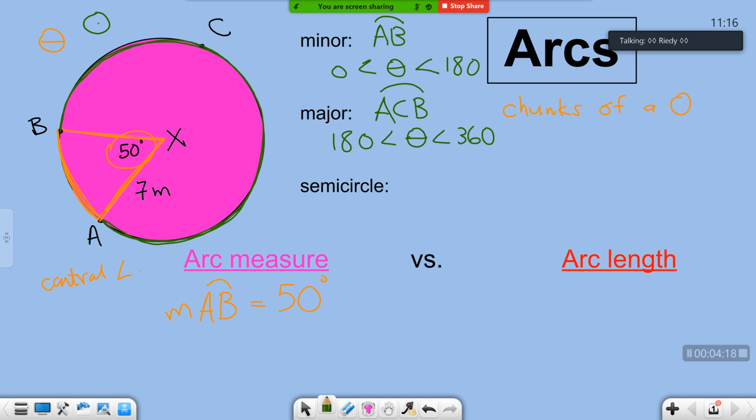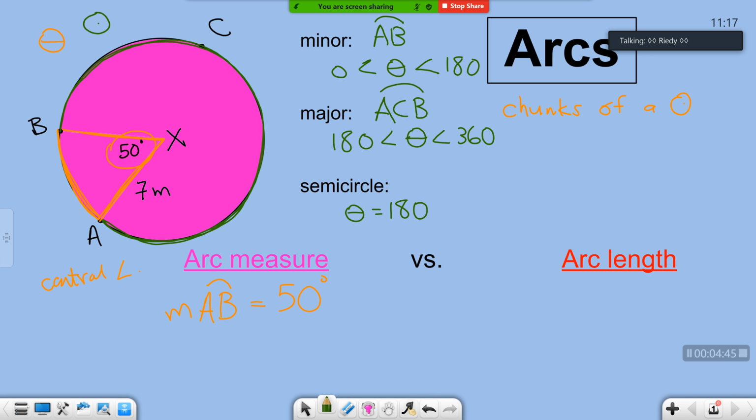So a minor arc says go from A to B as quickly as possible. Major arc says go from A to B but pass through C along the way. Does everybody understand that? Yes? Okay. Yes. Good. Then a semicircle. What's a semicircle? A semicircle is when theta is equal to exactly 180.